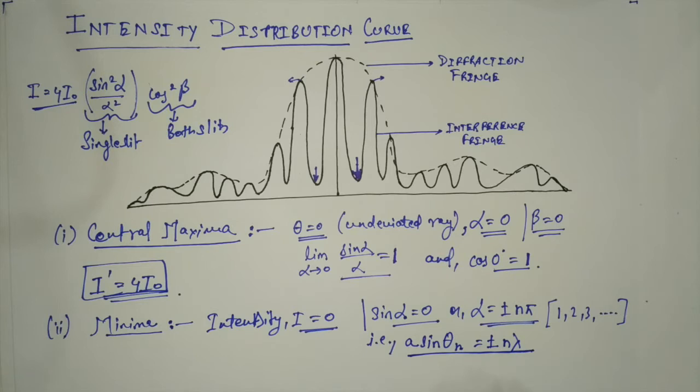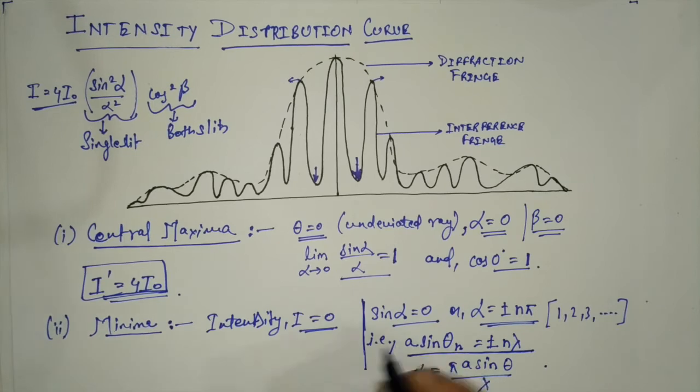Why can we write this? Because we know that alpha equal to pi a sine theta by lambda. So for intensity minima, this was the value for alpha and sine alpha.